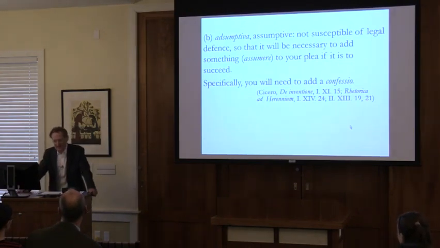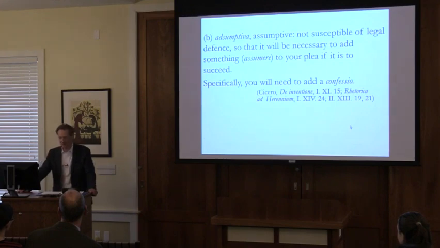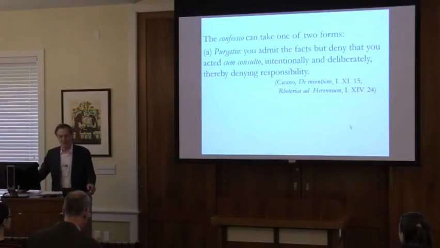And in that case, you're just going to have to issue a confession. Now, that's a very serious thing to do in court because you're admitting your adversary's case and you're simply requesting to be pardoned. Now, the rhetoricians go on that this plea for pardon can take one of two forms.